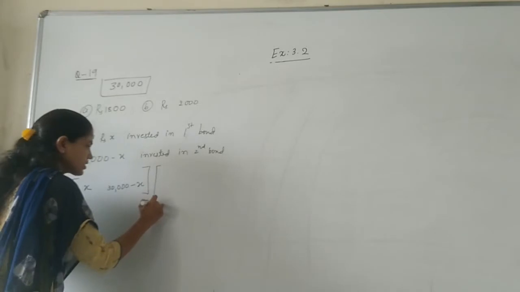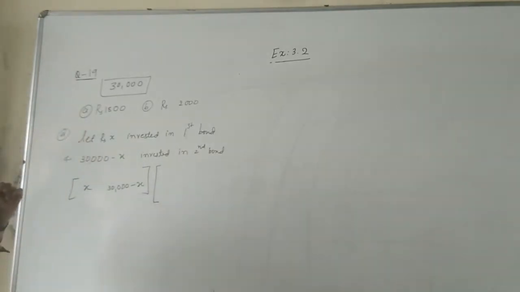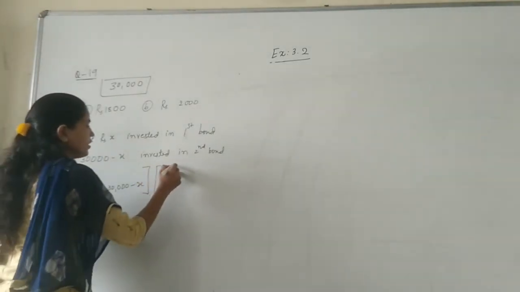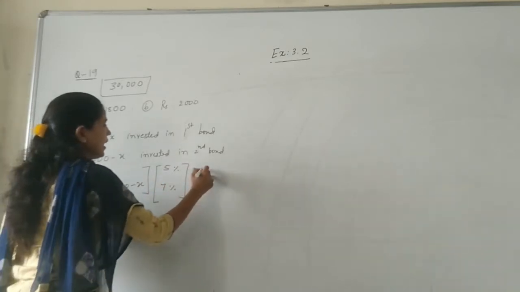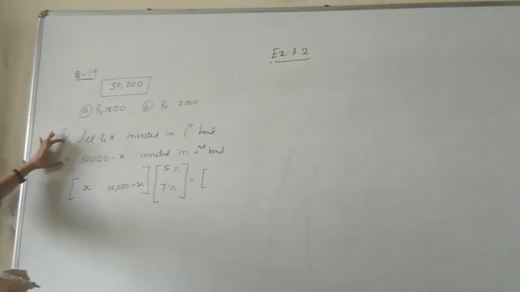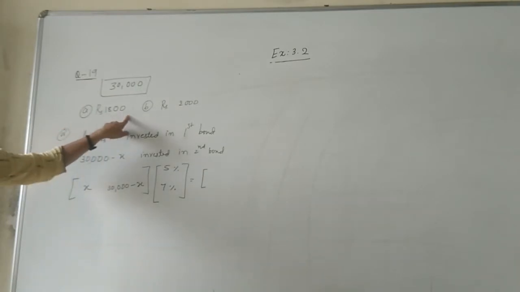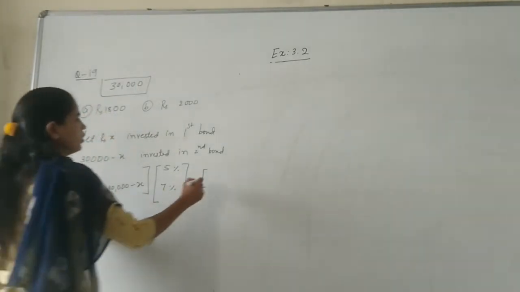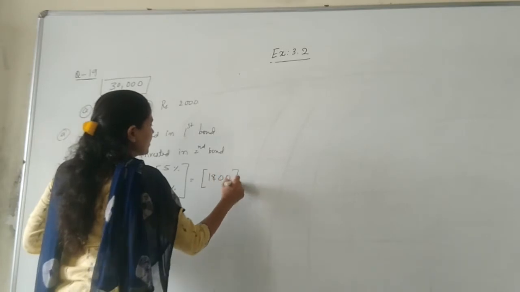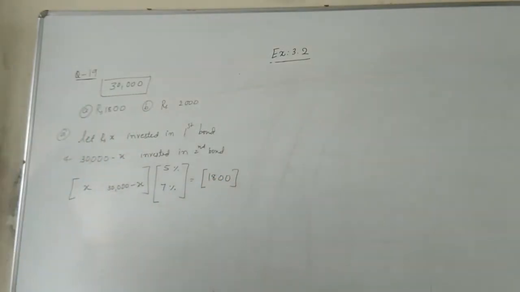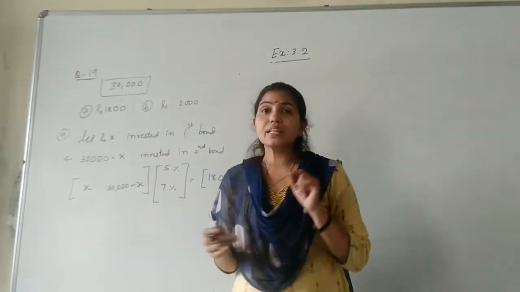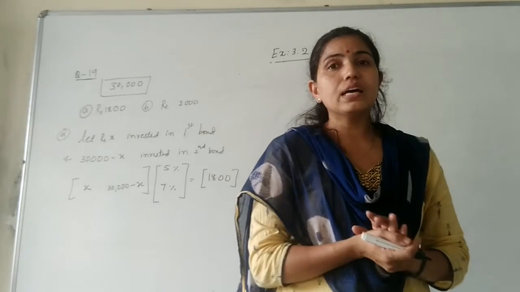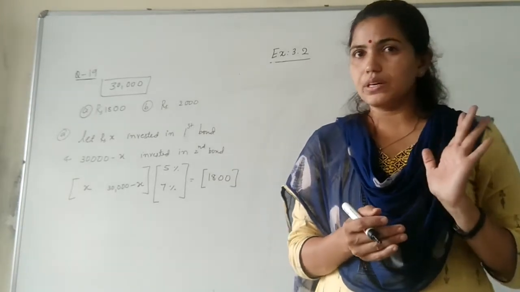Now the first bond gives us 5% interest, so here it is 5% and this is the second, 7%. And if we solve the first one, that is A, you are getting the interest as 18,000. Sorry, 1800. So that must be our answer. Do you understand how to do it? Okay, if you want to solve it orally, you can do it orally for checking, but the question clearly says that you have to apply matrix multiplication.